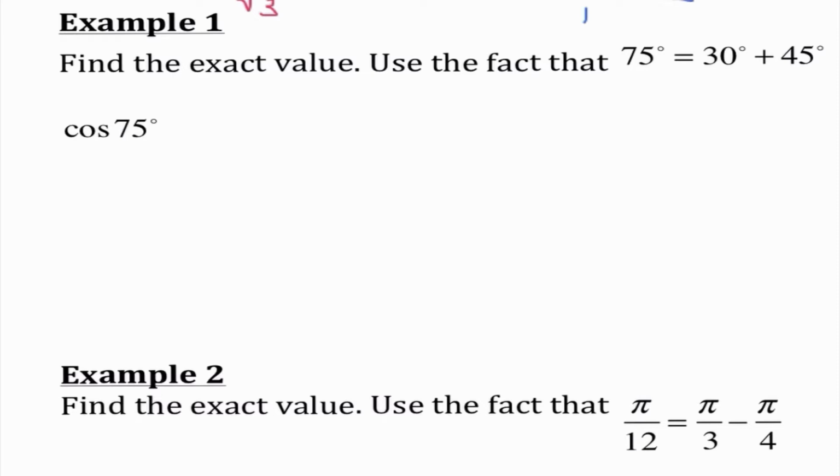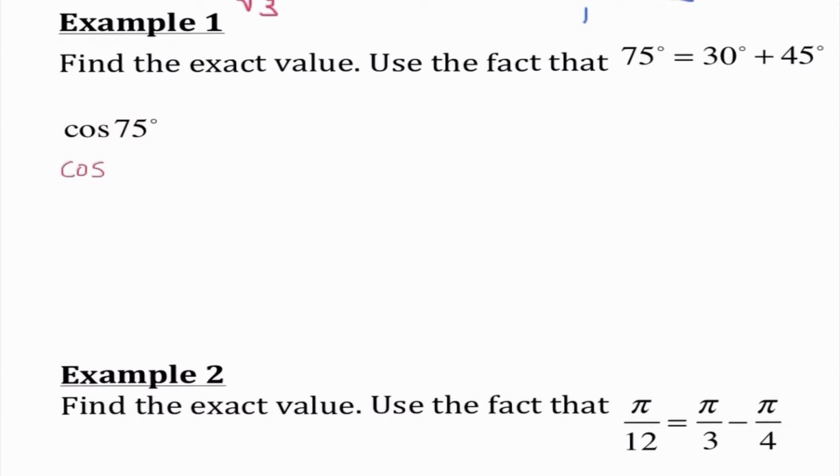Example number 1 says find the exact value, and then it actually tells us that 75 degrees is 30 plus 45. Now, the reason why this helps me out is because if I'm finding an exact value, I know I cannot use my calculator, and I have no clue how to find the cosine of 75 in any other way.